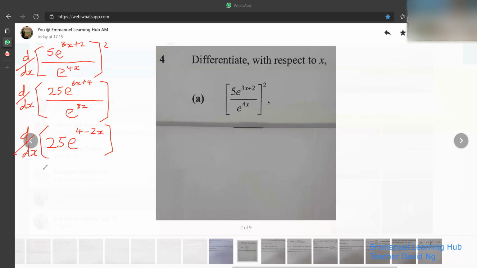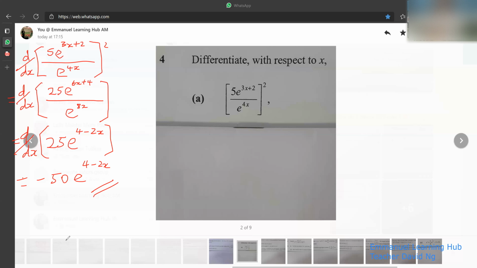No. Okay, then I differentiate this value here. I bring down my minus 2. Minus 2 times 25 is minus 50, e to the power of 4 minus 2x. f prime x times e to the power of f(x). That's how you get the answer.